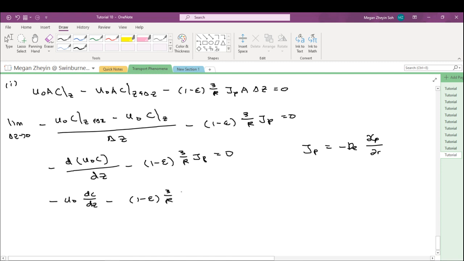So this is negative D_E dou C_P over dou R equals 0.